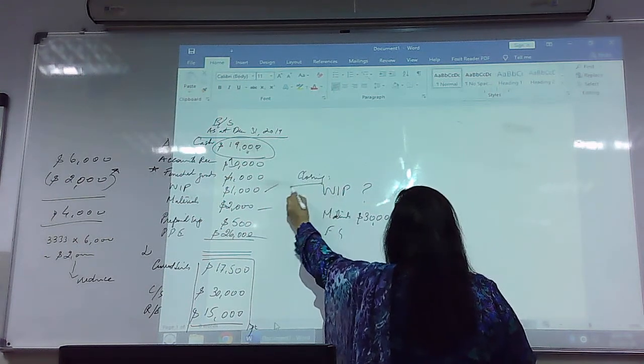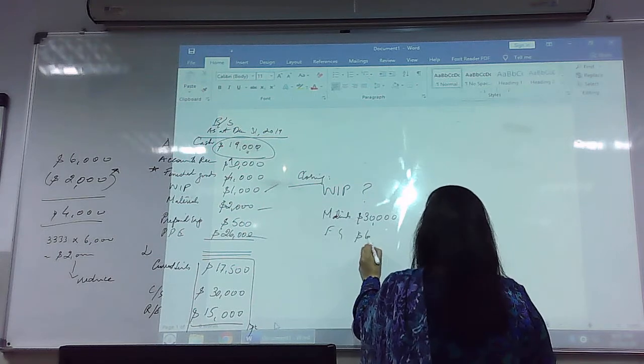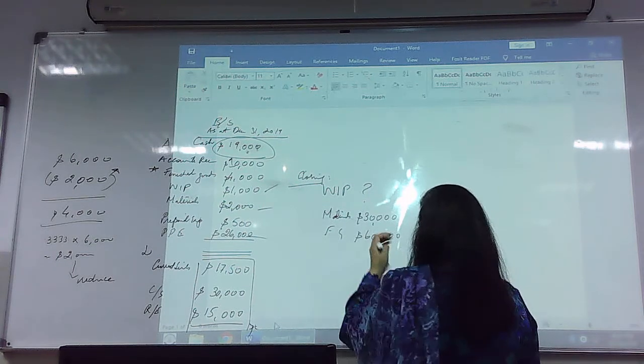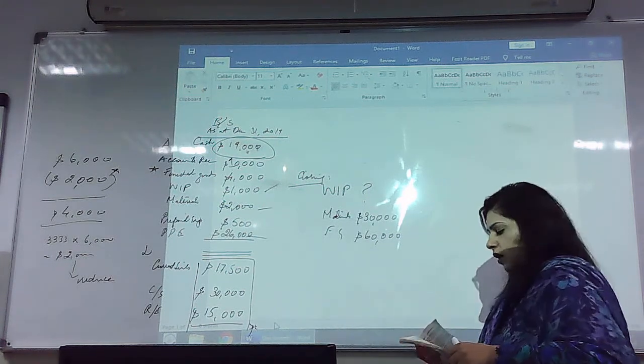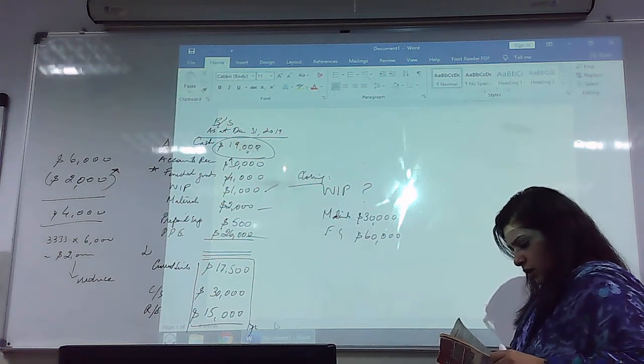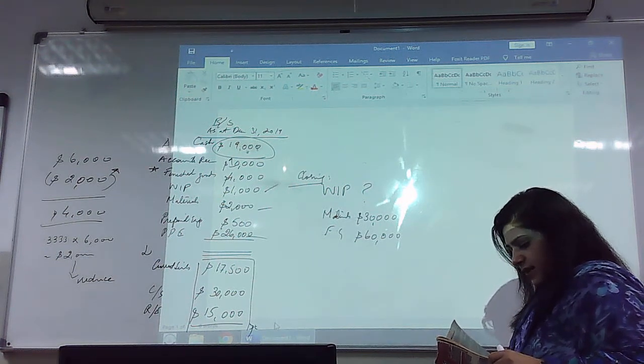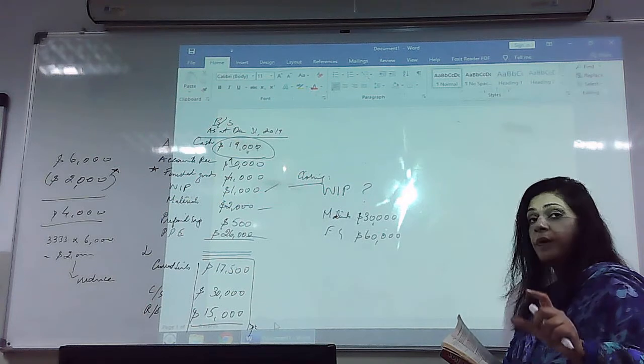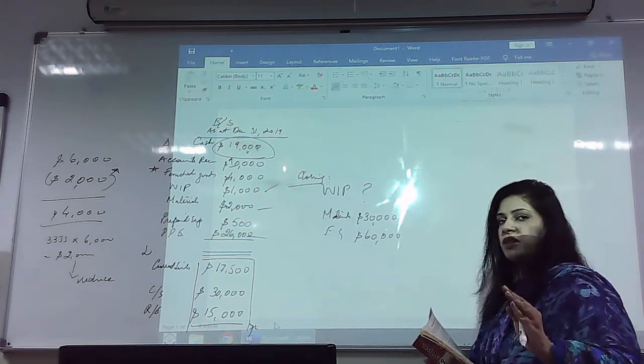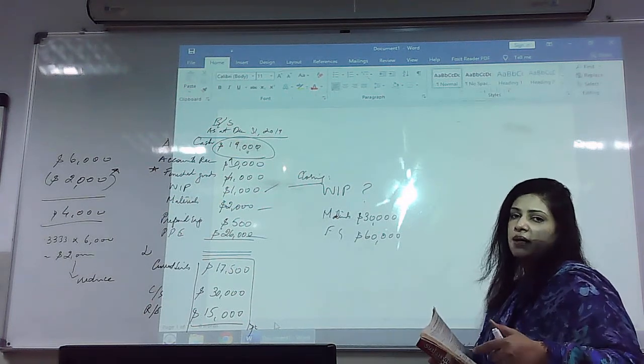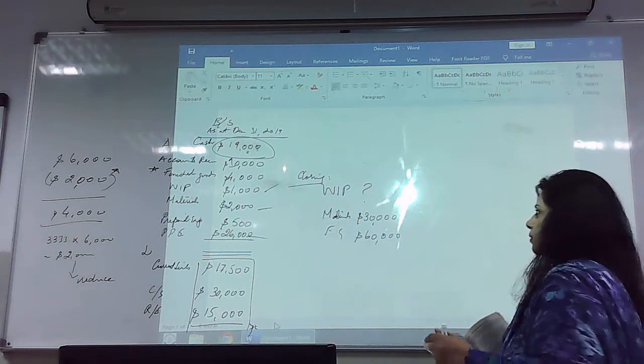These are the closing values. Finished goods as $60,000. Okay. Now, what they state is that the inventories, opening inventory. When they say inventories on January 1st, it automatically means opening inventory, right?